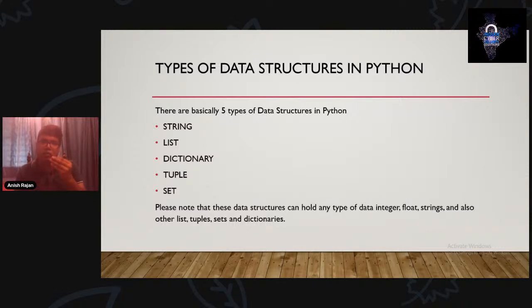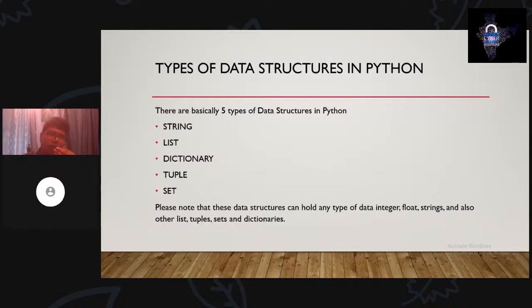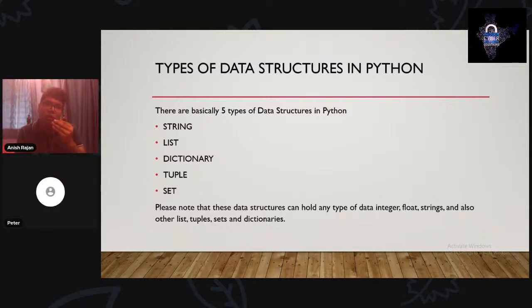For example, a list can hold another list. In a string we can store any type of data, an integer, a float, or a character. This is what it means that these data structures can hold any type of data.